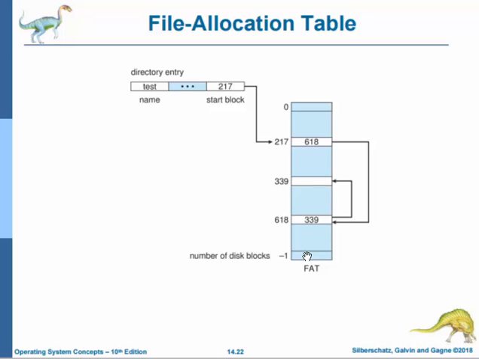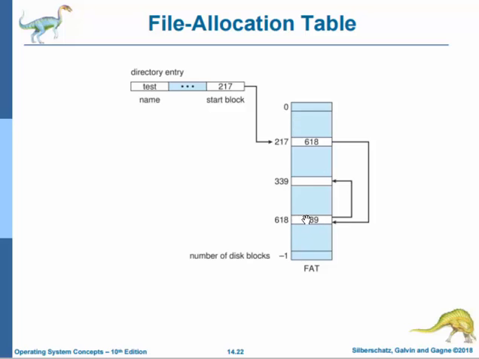Meanwhile, the unused block is indicated by a table value of 0. And allocating a new block to a file is a simple matter of finding the first 0 valued table entry and replacing the previous end of file value with the address of the new block. The 0 is replaced with the end of file value.